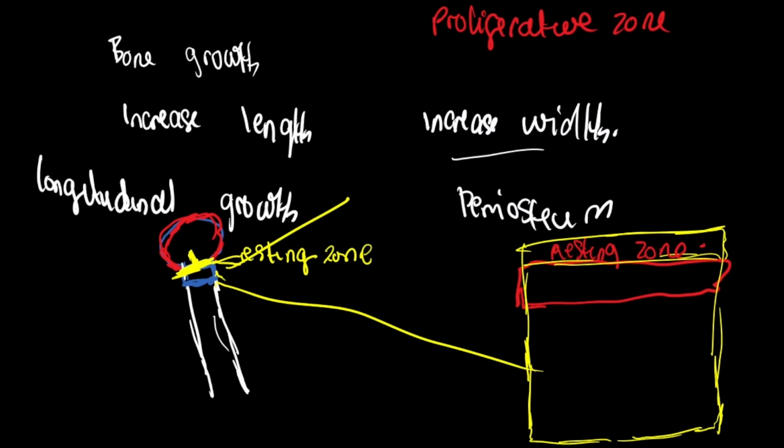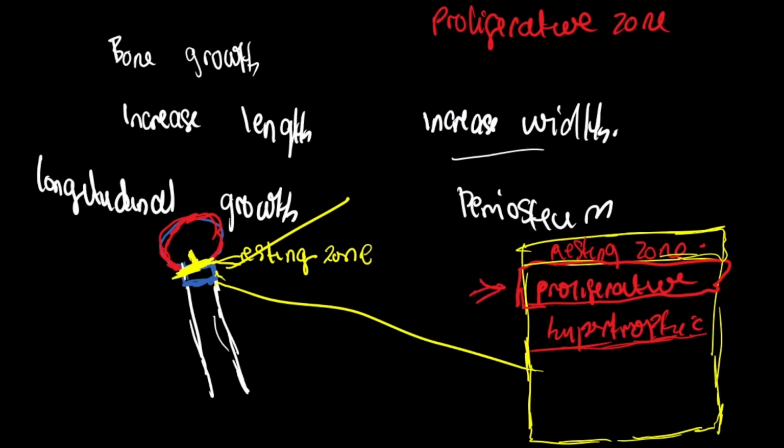Now, below the proliferative zone, what we have is the hypertrophic zone. What takes place in the hypertrophic zone is that the older cartilage, now remember that proliferation takes place here, so we would always have newer cartilage close to the resting zone, and of course it's expected that the older cartilage would be below the proliferative zone.